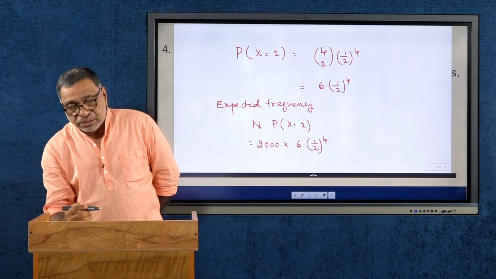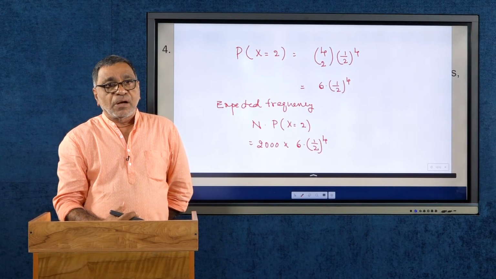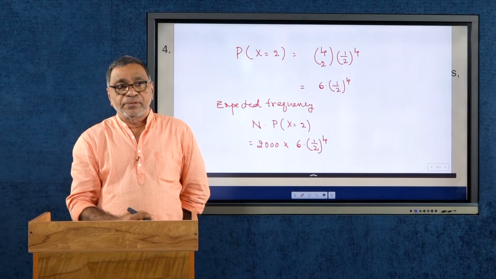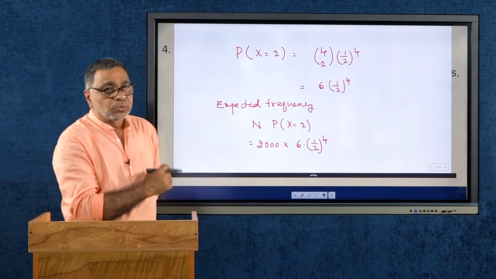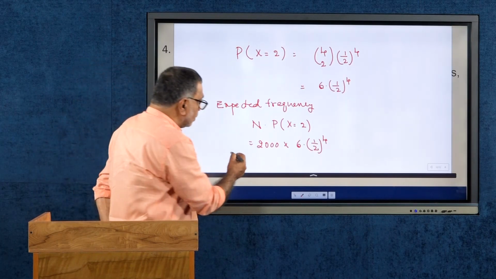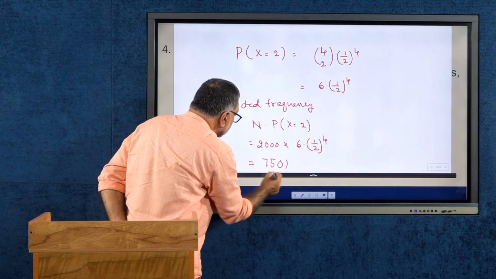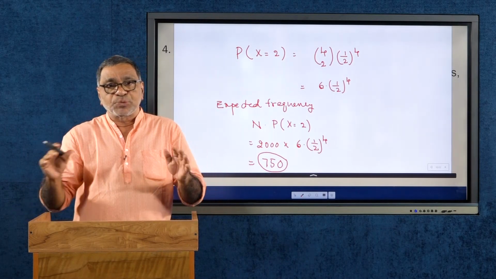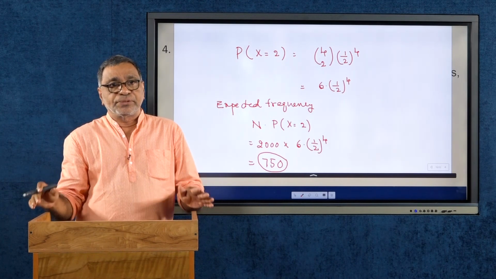Out of 2000 families, how many have 2 boys? That is 2000 into 6 into (1 by 2) to the power 4, which equals 750. So out of 2000 families, we can expect 750 families to have 2 boys.